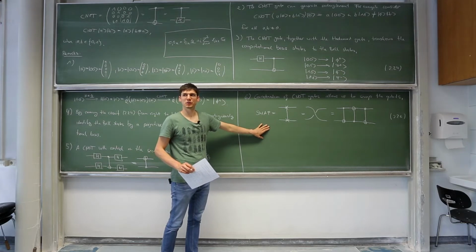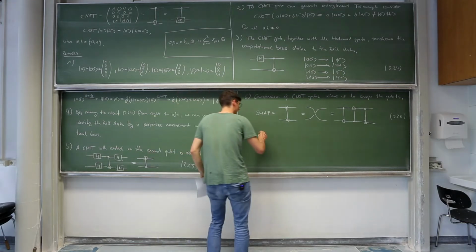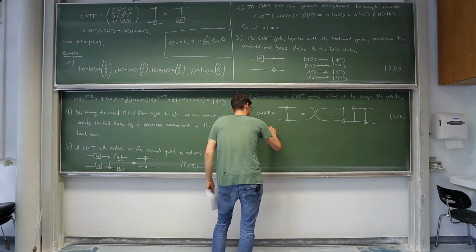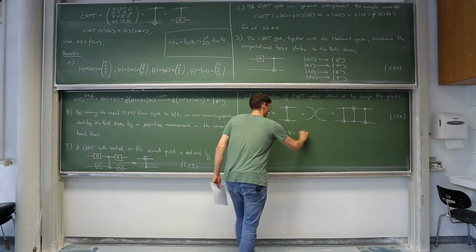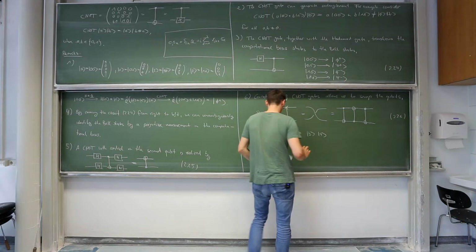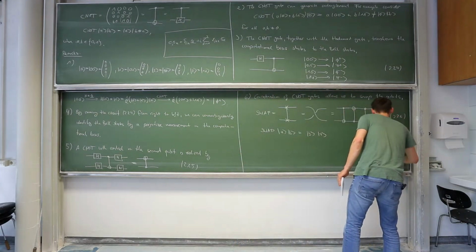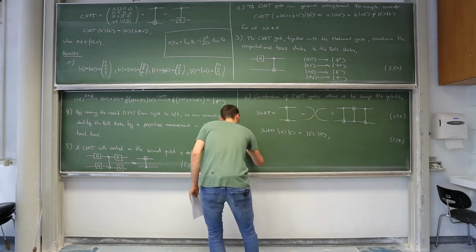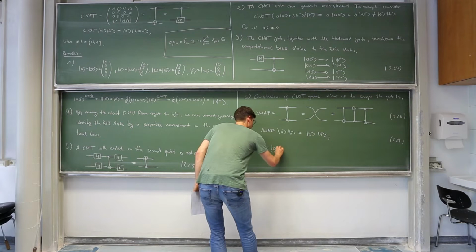It's pretty short, easy. Okay. And what we see is the swap gate. If it acts on a state A tensor B, we get out B tensor A, where A and B are 0, 1.